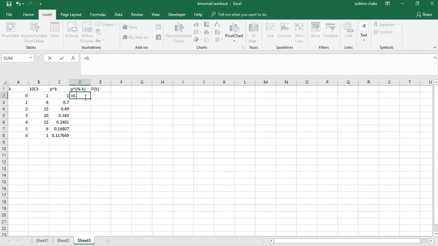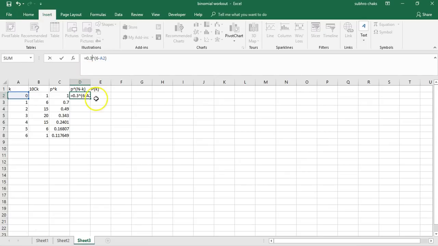And this is the probability of losing matches. So when this is the probability of winning 0 matches, that means there's the probability of losing 6 matches. The probability of losing each match should be 0.3.